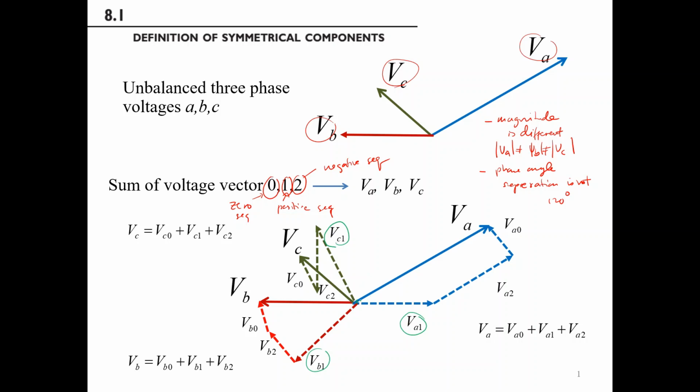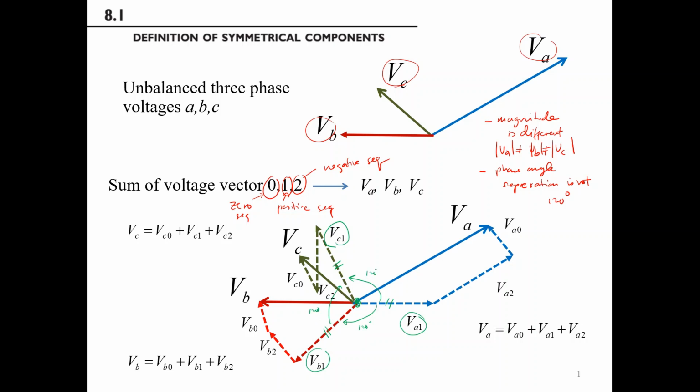For VA1, VB1, and VC1, the lengths of these arms are equal, and the phase separation is 120, 120, 120.